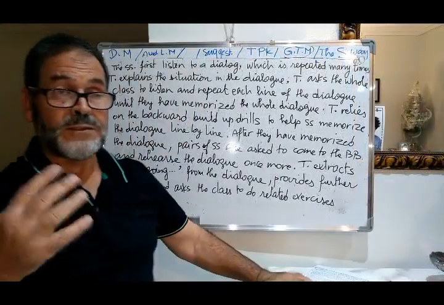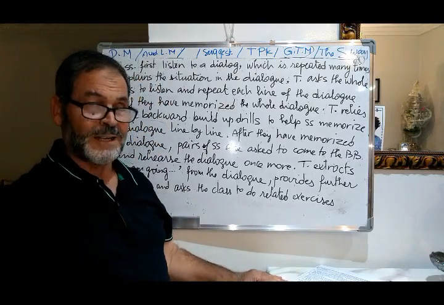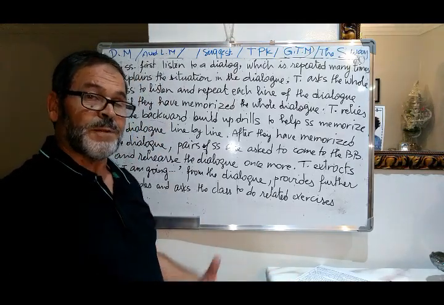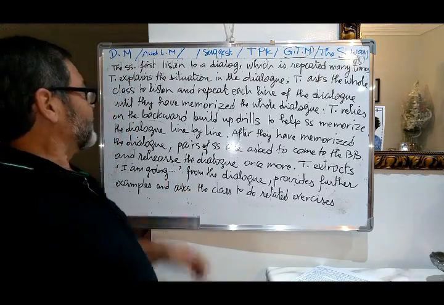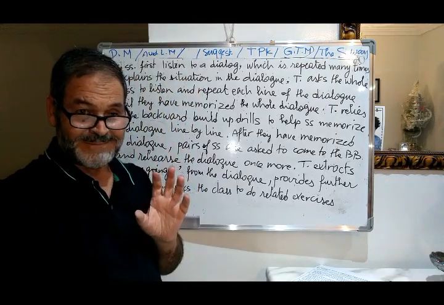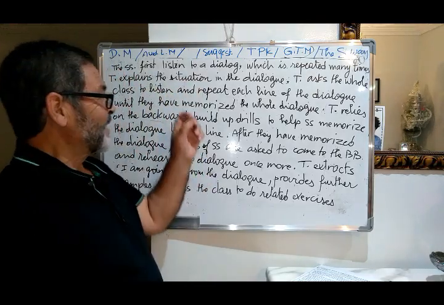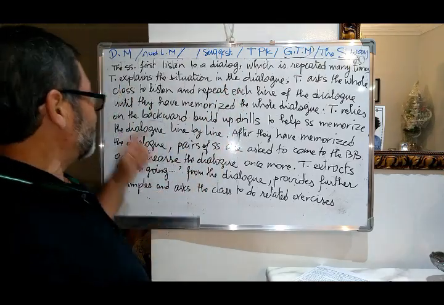Here we are with the third passage, the third paragraph. Let's see now what the paragraph is about, and which method it is linked to. The students first listen to a dialogue. So this is the first clue, which is repeated many times.